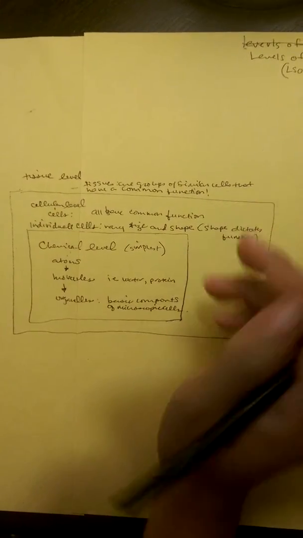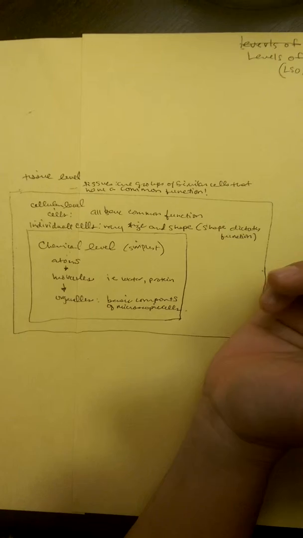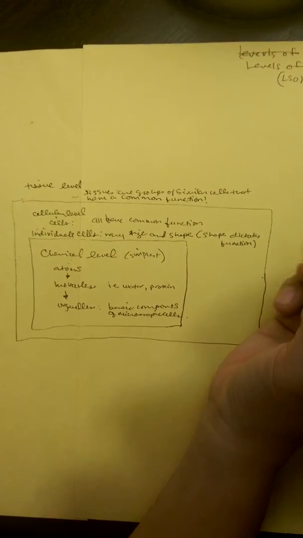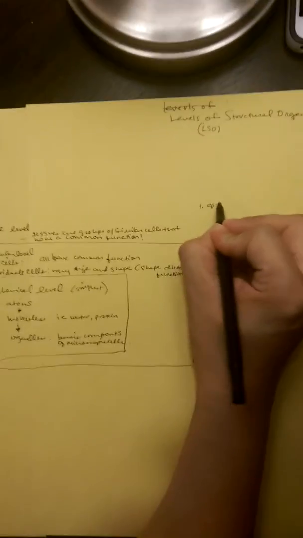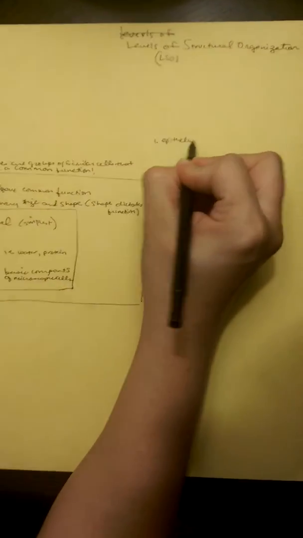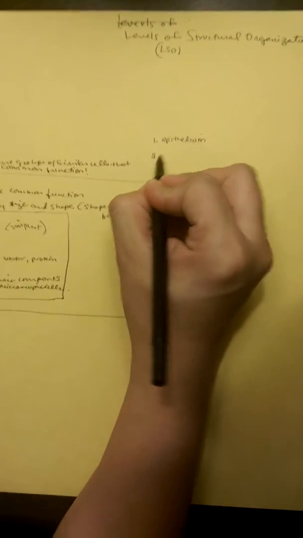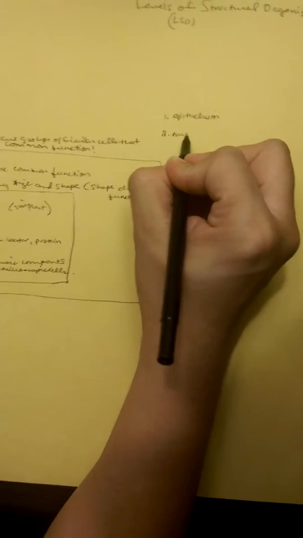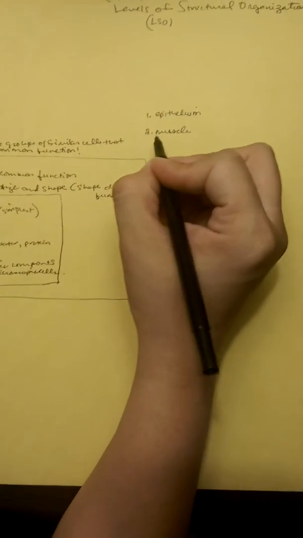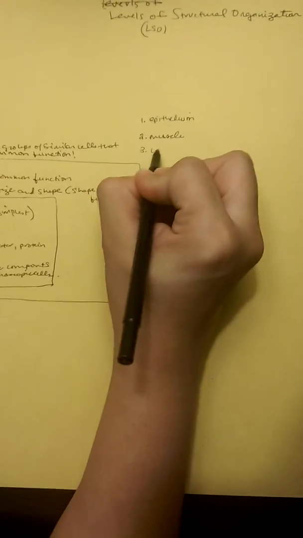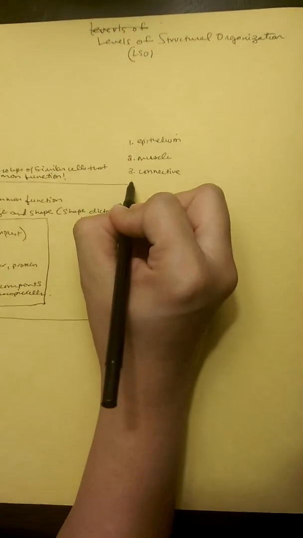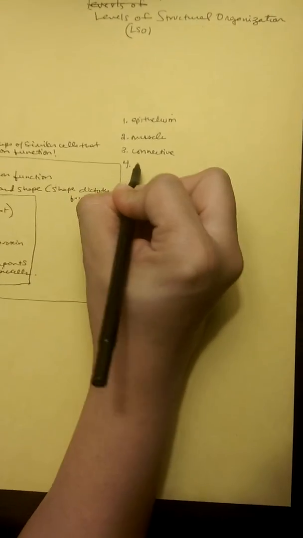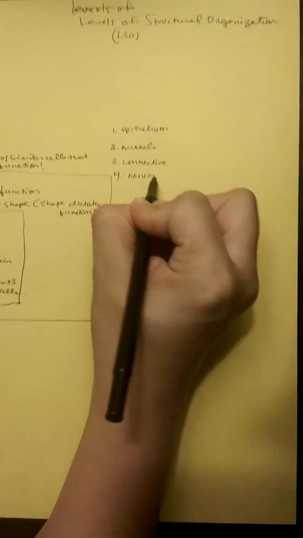Okay? And so we have 4 basic types of tissue. 1, we have the epithelium. 2, we have the muscle tissue. And we have connective tissue. And we have nervous tissue.